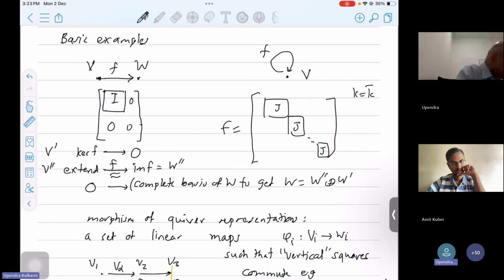Okay. So with this in mind, what have I done? This representation, the one that I wrote over here, I have broken up as a direct sum of three representations. Let's write those down. Keep this picture in mind, please.